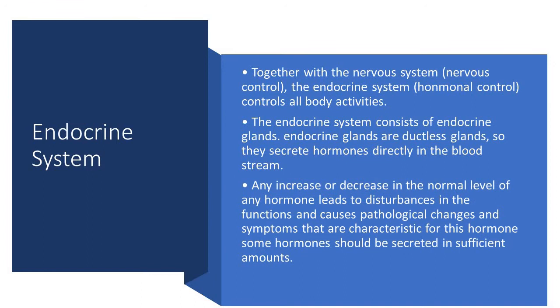And if there is any increase or decrease in a hormone, that will cause a physiological change or some symptoms due to the increase or decrease from the normal level of these hormones. These hormones are secreted in a sufficient amount, and if this amount increases or decreases, it will cause abnormal symptoms in the organs.